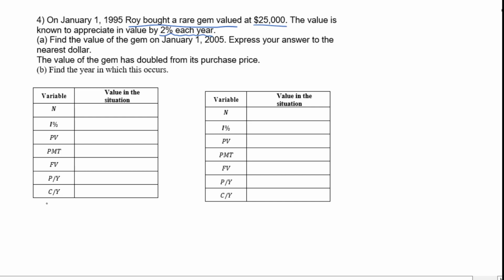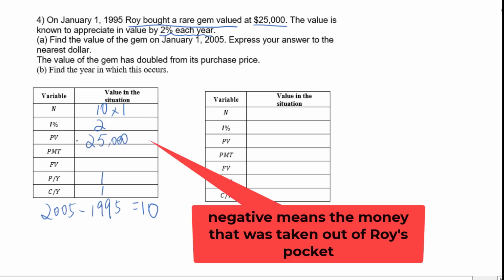How many years? 2005 minus 1995 gives 10 years. The rate is 2% each year. N is 10 times 1. The appreciation rate is 2. Present value is negative $25,000.